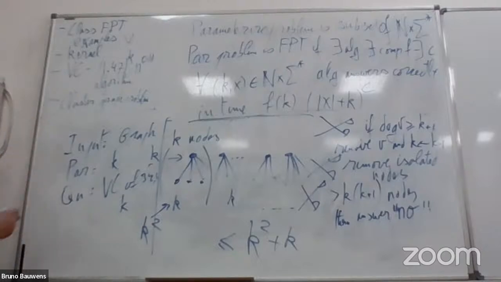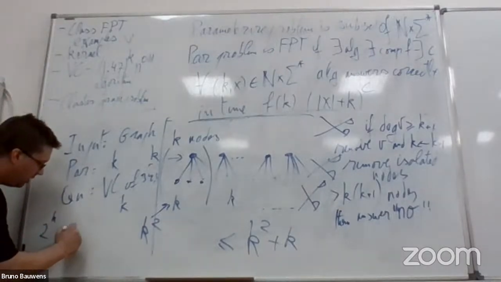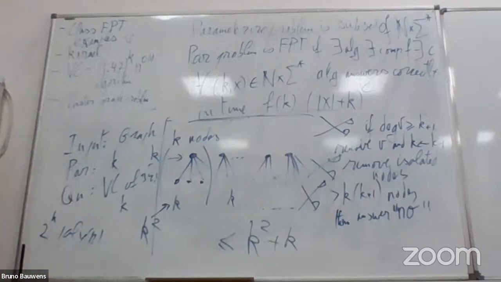I lied to you. I said 2 to the power k poly n, but for this we need a more advanced idea of a more powerful kernel.